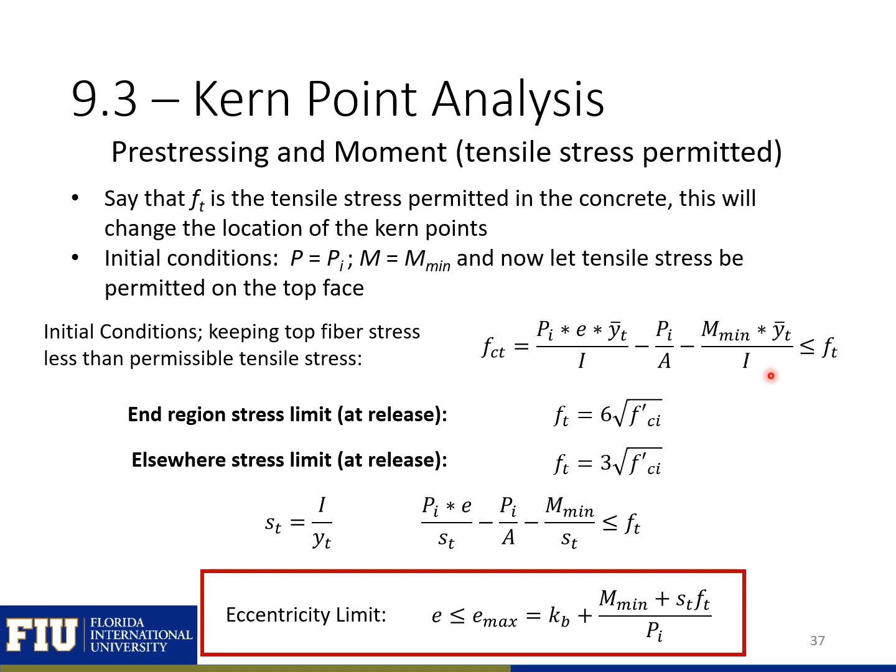So if we're looking at the top fiber stresses, typically top fiber stresses control at release. So we can add in our release stress limits. So here at the end region and elsewhere, we have our stress limits from ACI 318-19.